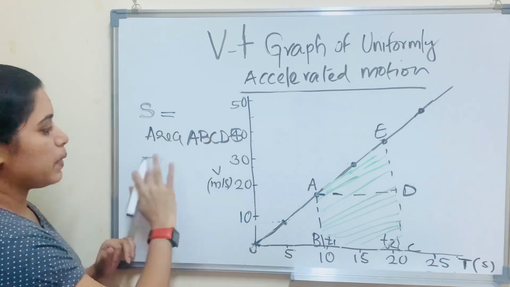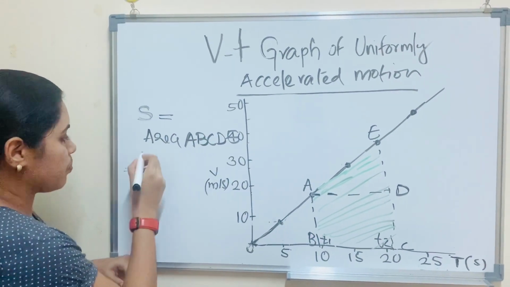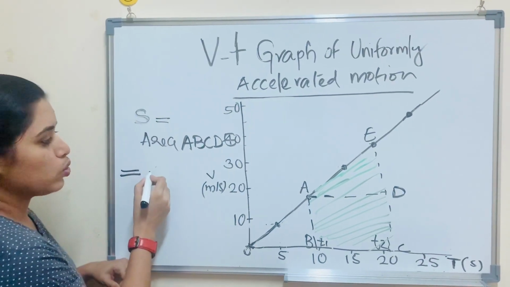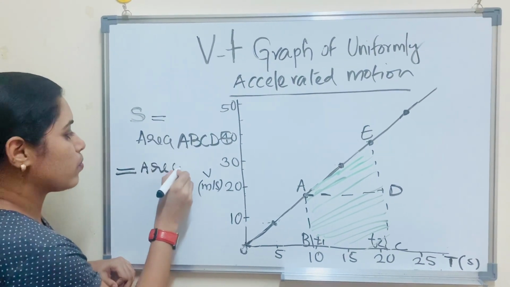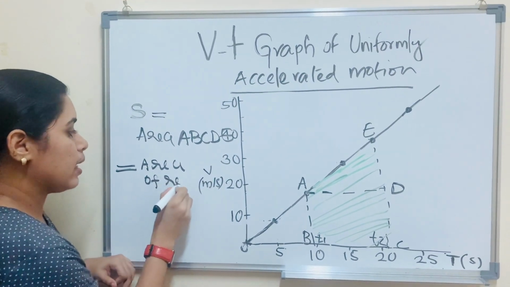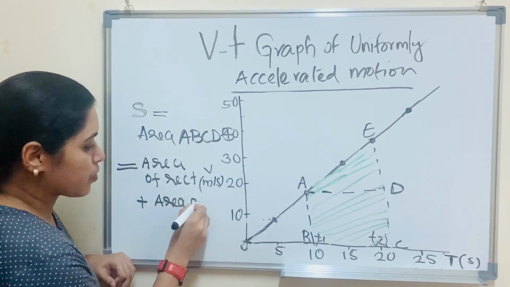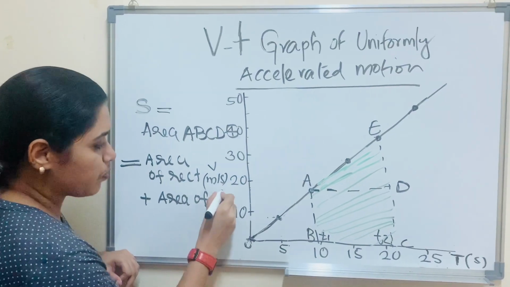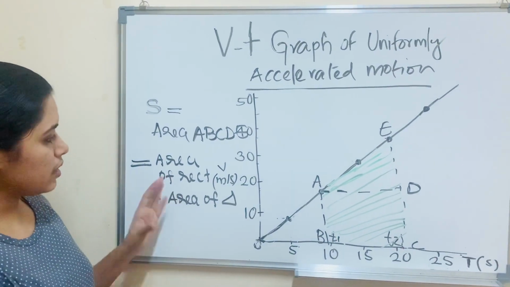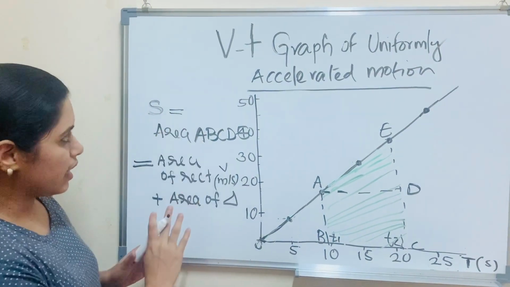So we can split this area as S is equal to the area of the rectangle plus the area of the triangle.